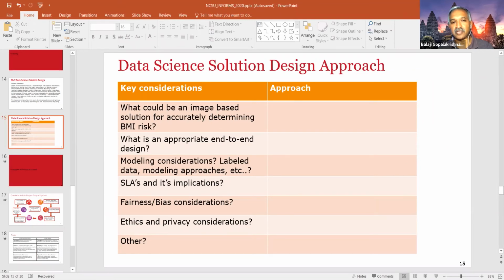Maybe the first group, it will be great if you can share what kind of image-based solution you thought about for accurately determining BMI risk. Yeah, we were talking in our group about that. That's going to be the optimal way for determining BMI, because you don't even need actual height and weight numbers.